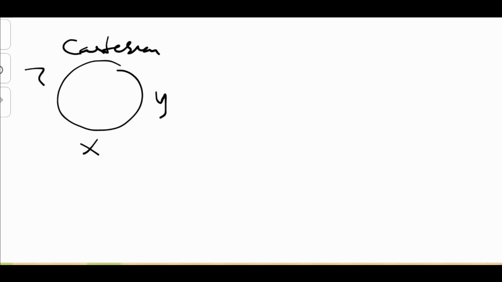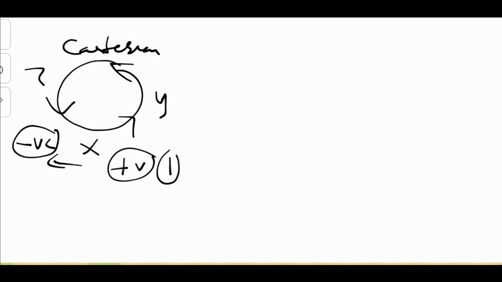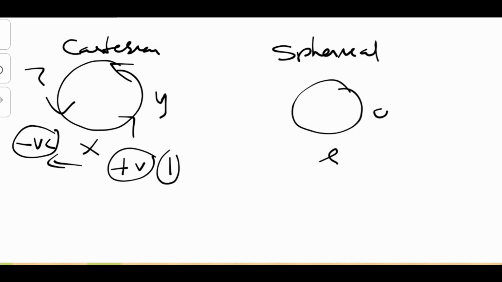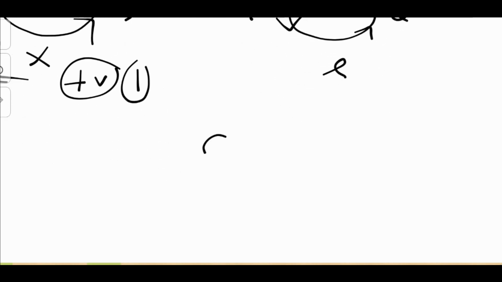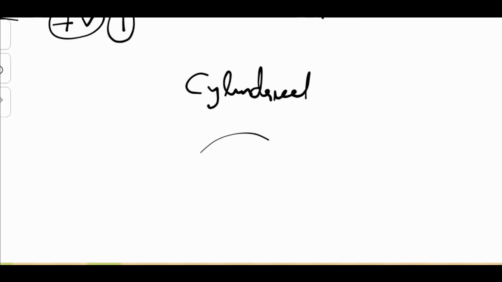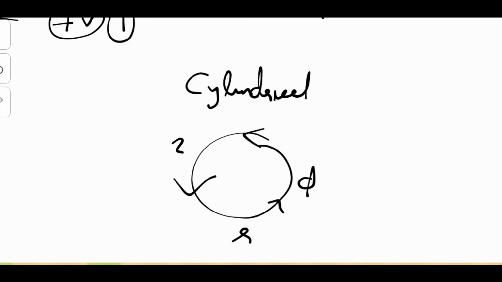We can draw a circle, and we can write down in Cartesian coordinate system x, y and z, where the anti-clockwise direction is positive, whereas the clockwise direction is negative for cross product. Similarly, in spherical, you have r, theta and phi. In the anti-clockwise direction, it is positive, whereas in the clockwise direction it is negative. Similarly, cylindrical as well, r, phi and z. In the anti-clockwise it is positive, in the clockwise it is negative.